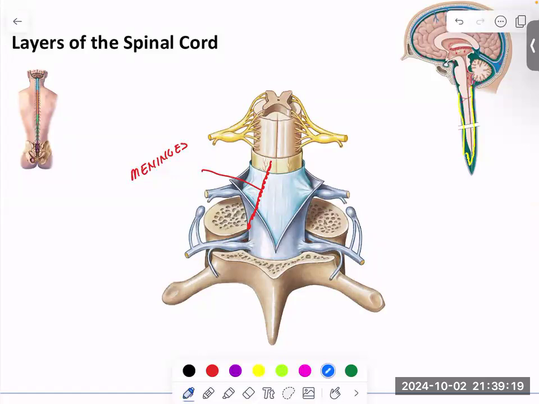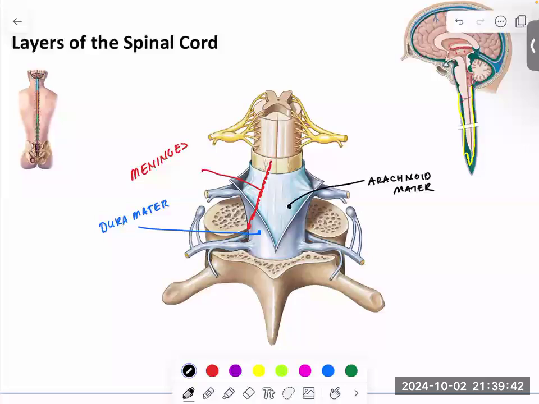The most outer layer is the tough layer. That's the dura mater. The middle layer, that's where there's a lot of cerebrospinal fluid, the arachnoid mater.